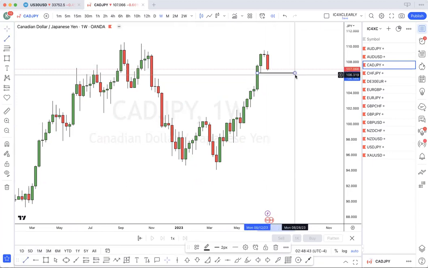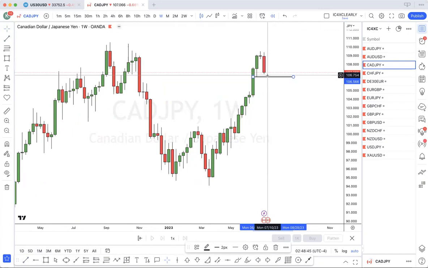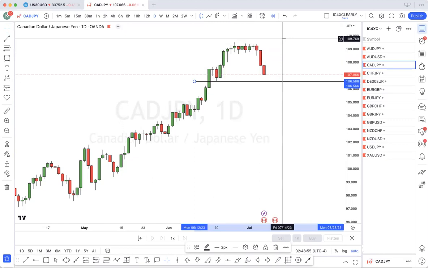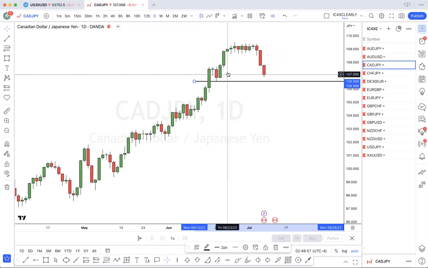This was the last push up before the pullback. It has not broken this low yet. So I would be expecting a continuation of a buy in this daily order block.